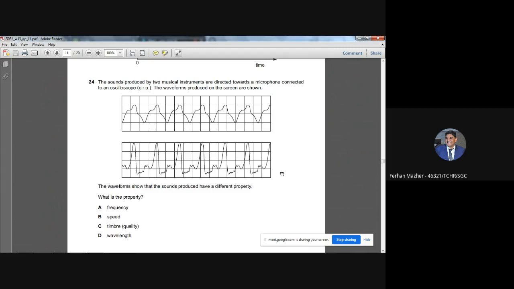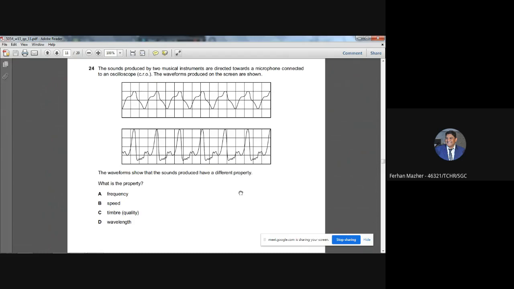So that will be the reason. The difference between them is quality. So the choice is C.